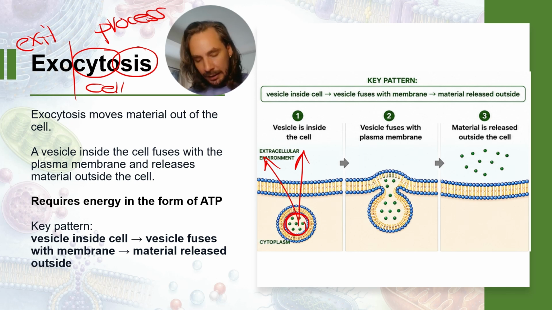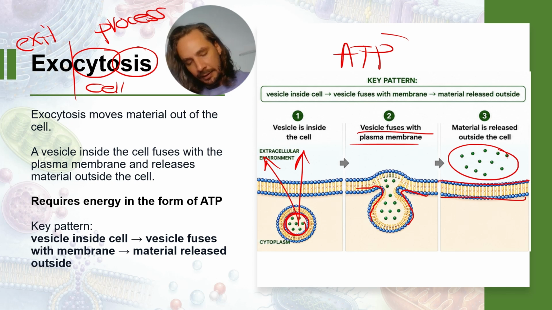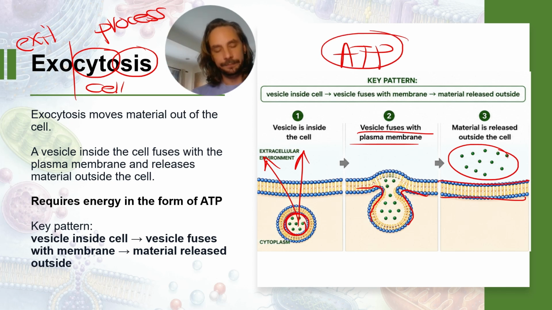So what it does is it fuses with the plasma membrane, so it becomes part of the plasma membrane. And once it fuses, it releases those molecules to the outside. And this process also requires ATP energy.